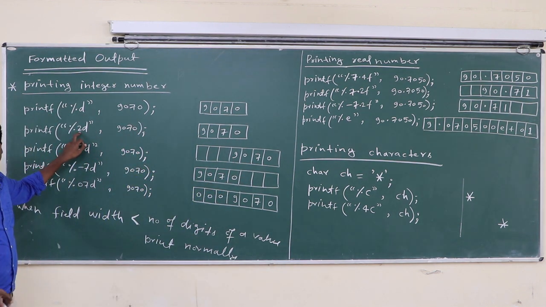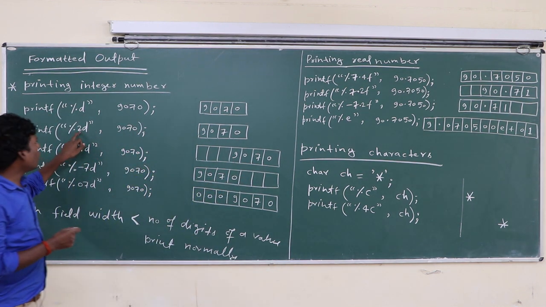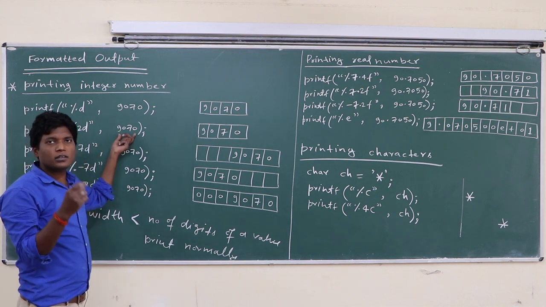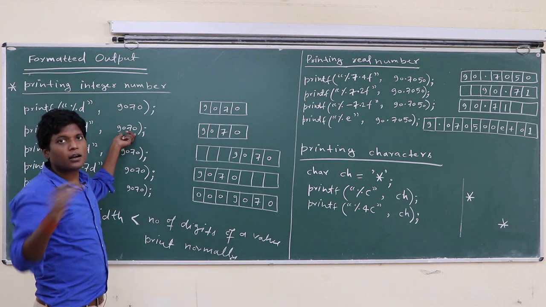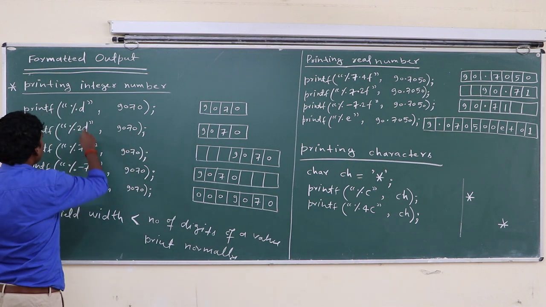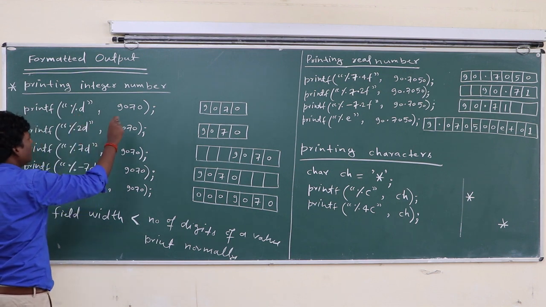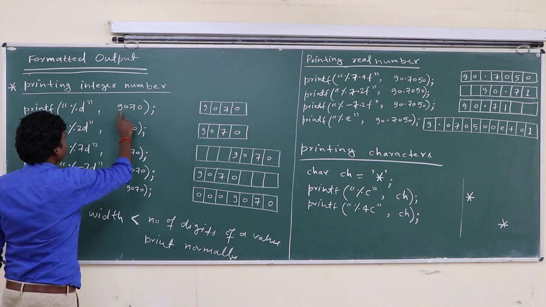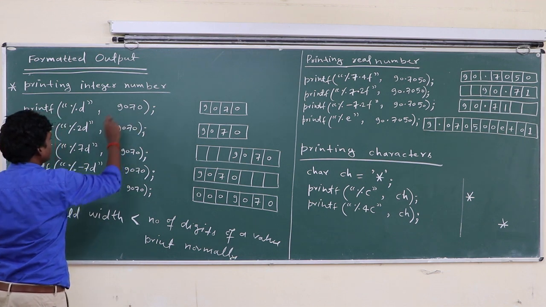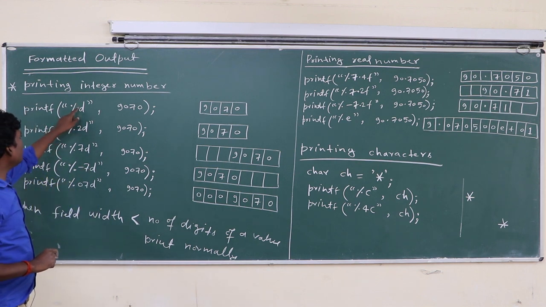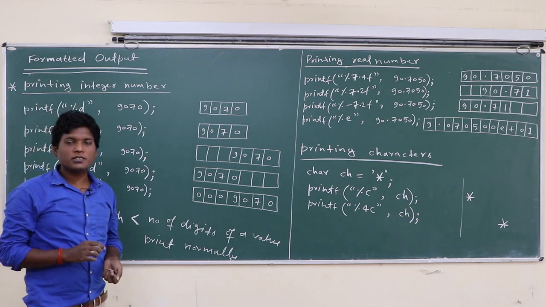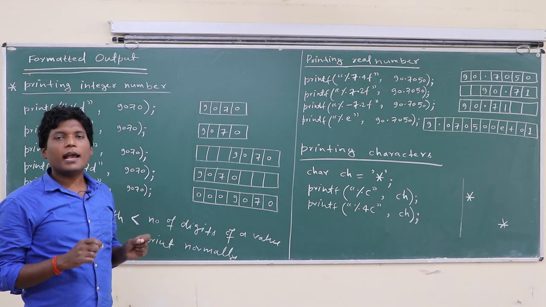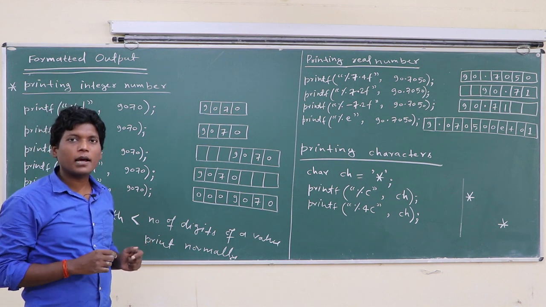Class, with %2d, in 2 blocks you cannot accommodate 9070, and you cannot justify it left or right. With %1d, in 1 block you cannot accommodate 9070 either. So when the field width is less than the number of digits of a value that you want to print, it is printed normally and occupies blocks equal to the number of digits.